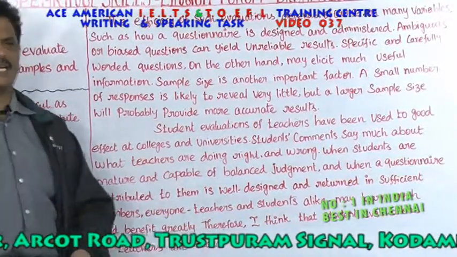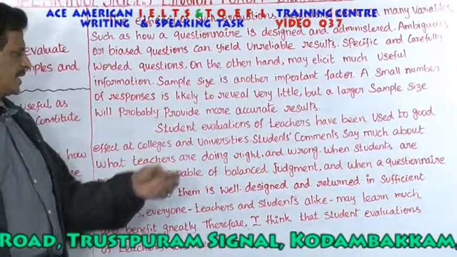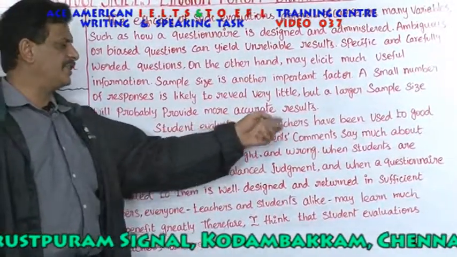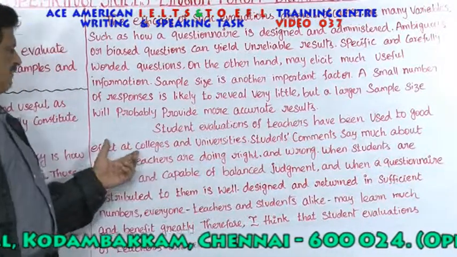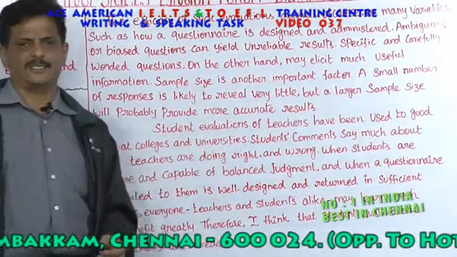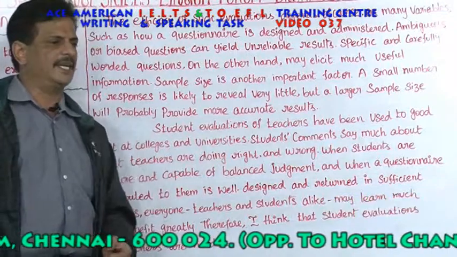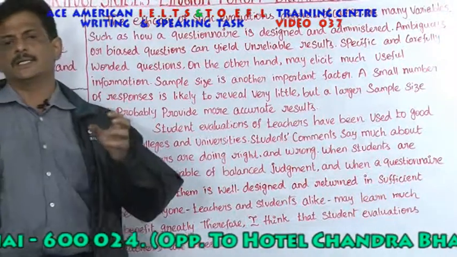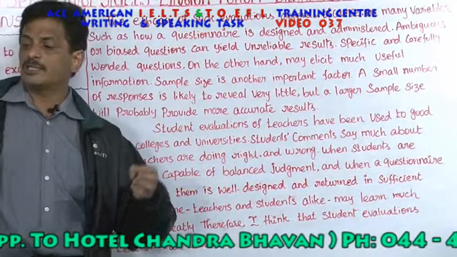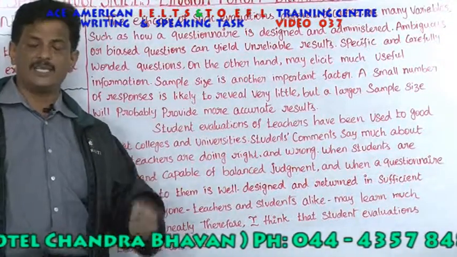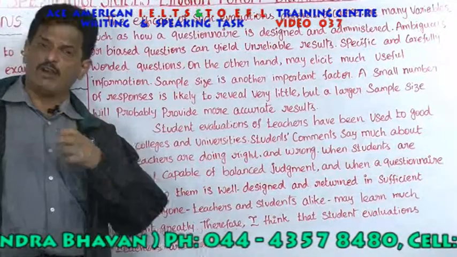And in the final paragraph he comes to the conclusion part. Student evaluation of teachers has been used to good effect at colleges and universities. So he says finally in the conclusion, students evaluating the teachers will be fine only for colleges and universities, and not for schools.